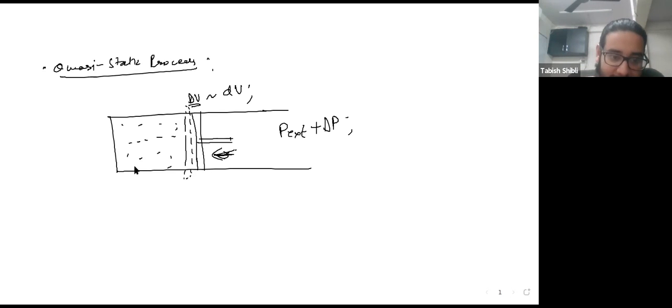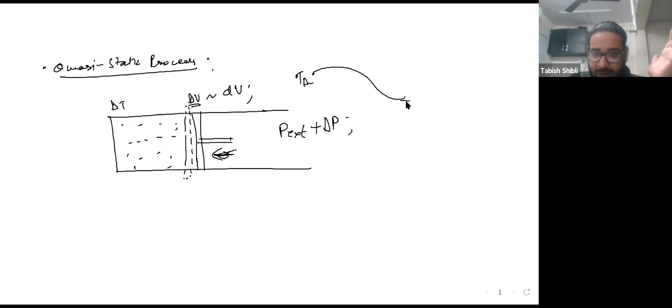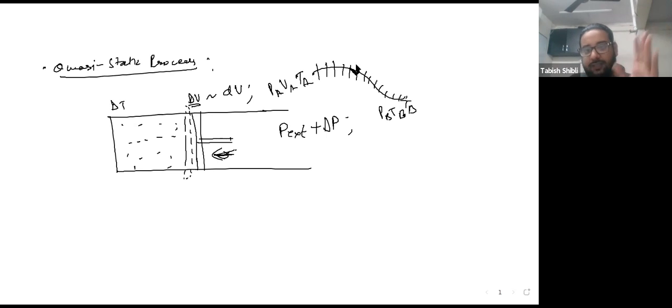Or I can increase the temperature by flowing some heat inside it, by some delta T. But I can do all of these things really slowly, such that when it's changing from TA to TB, going from PA, VA to PB, VB, it's going really slowly, and at every single point you can define some P, V and T.